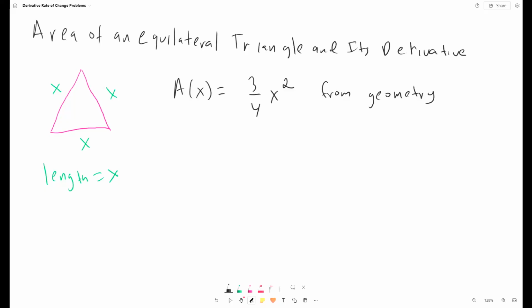Now we're going to take the derivative of A of x.